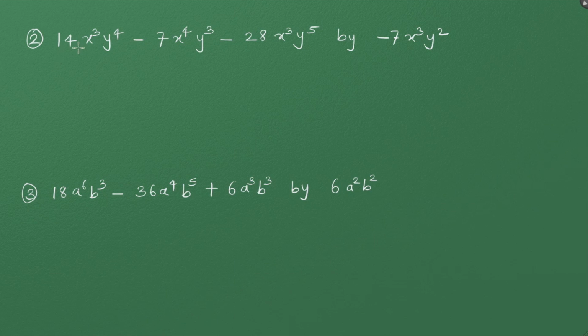So it is 14x cube y raised to 4 minus 7x raised to 4 y cube minus 28x cube y raised to 5. Divide this by minus 7x cube y square. So I am writing the first term of the polynomial, then the second term, then the third term.